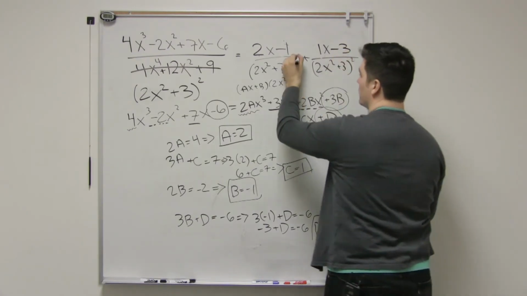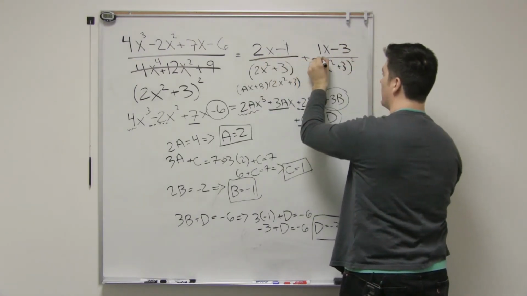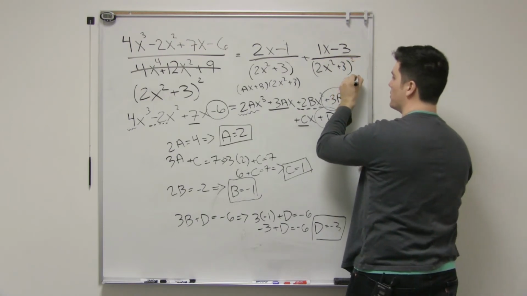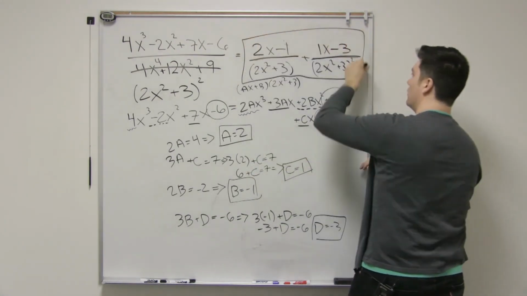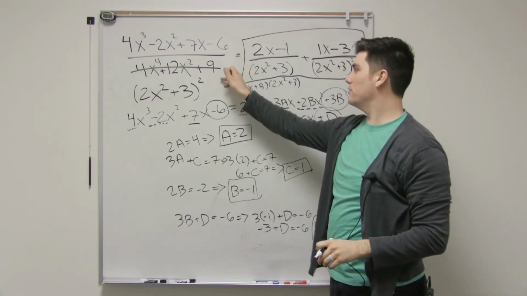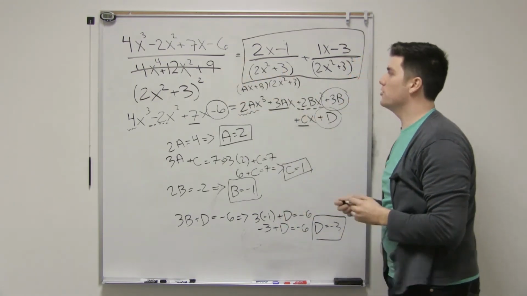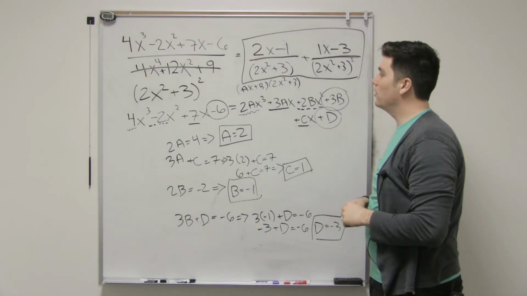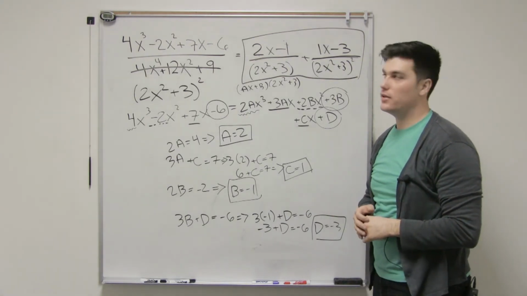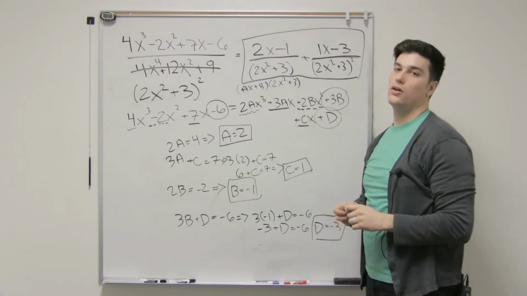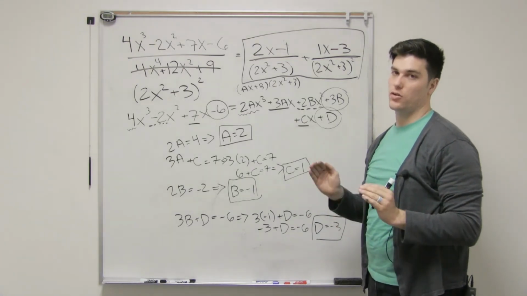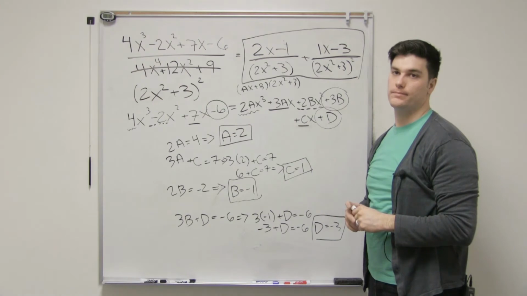And then our answer, remember it was that guy in the street we met that was trying to stump us. We can tell him confidently that this big fraction decomposes to (2x minus 1) over (2x squared plus 3) plus (x minus 3) over (2x squared plus 3) quantity squared.